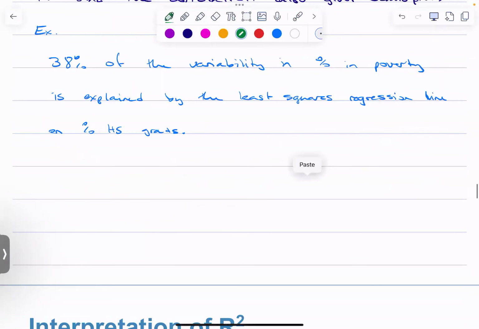So then R squared is 0.38. Right. So R is the square root of 0.38, plus or minus. See here, should be 0.62, hopefully, but we'll try it.